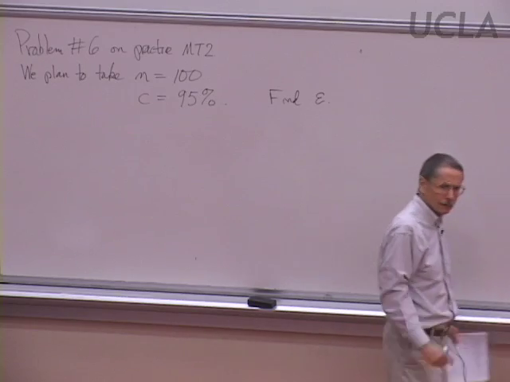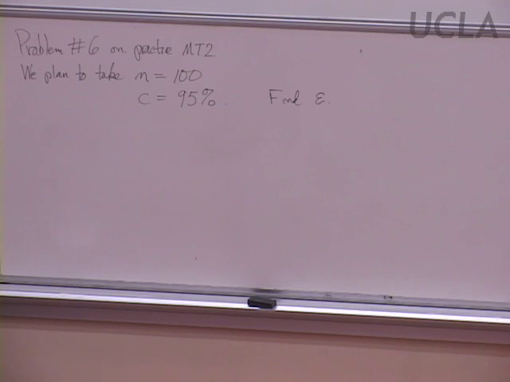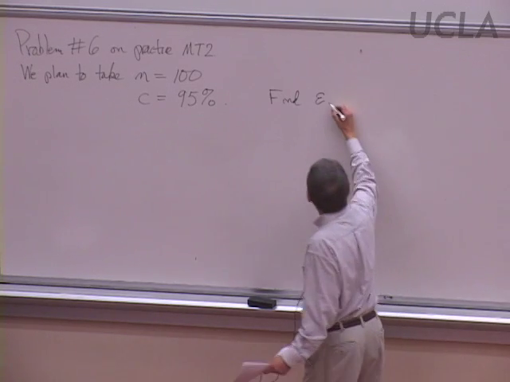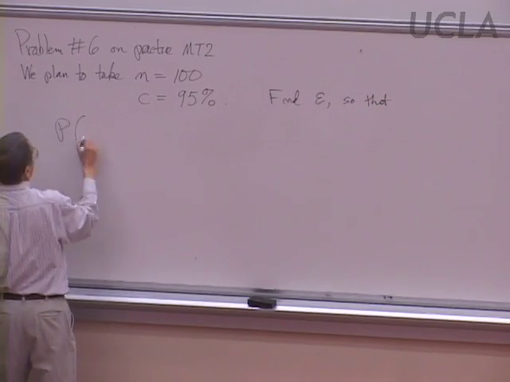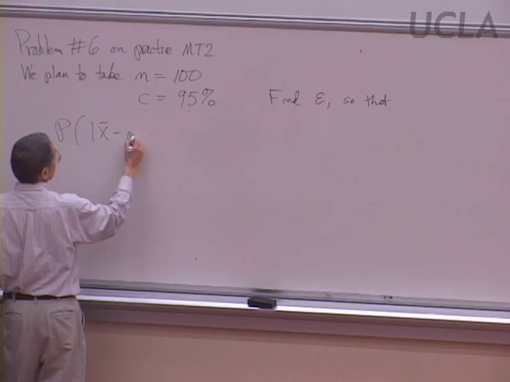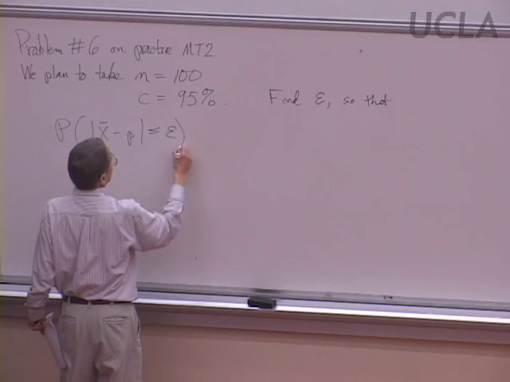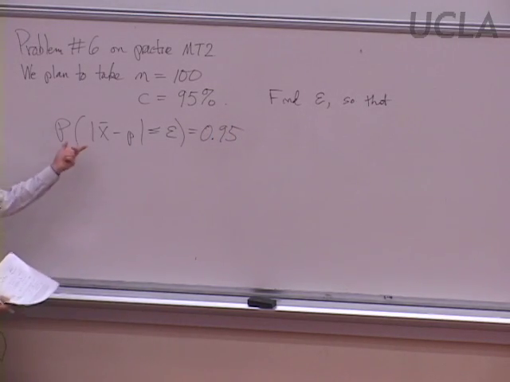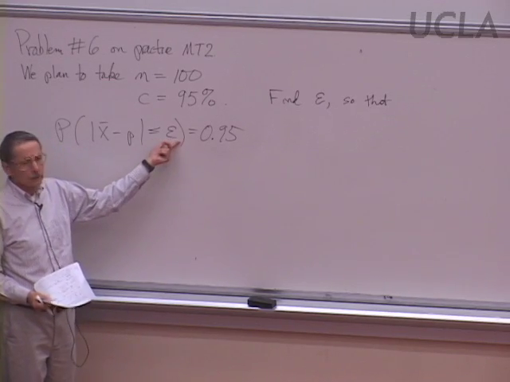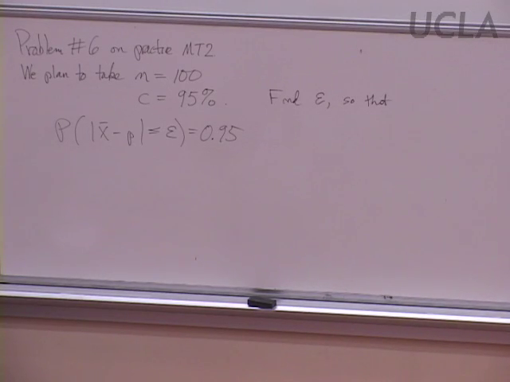And we want to find for what error, epsilon, can we be sure of the probability of x bar minus the unknown true probability p, and that for what margin of error can we be 95% confident that we'll get an estimate within that allowed error?